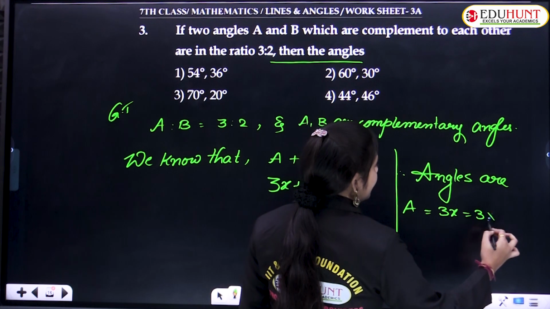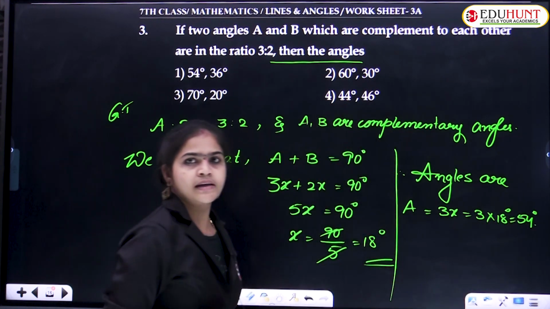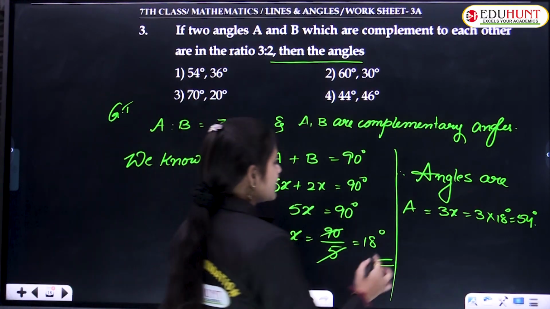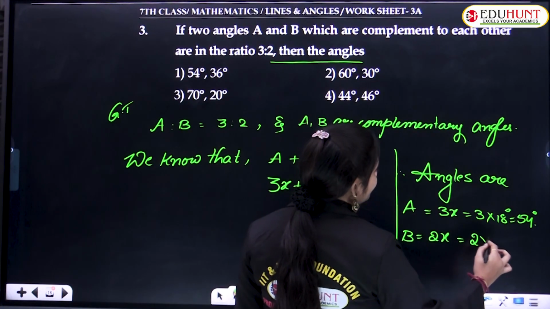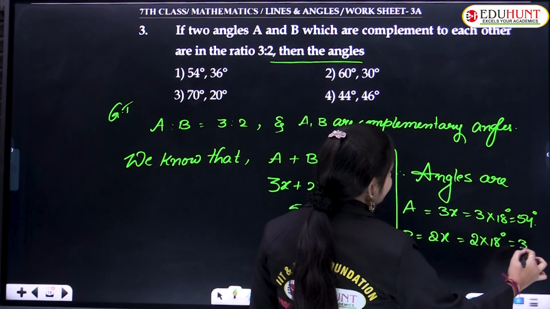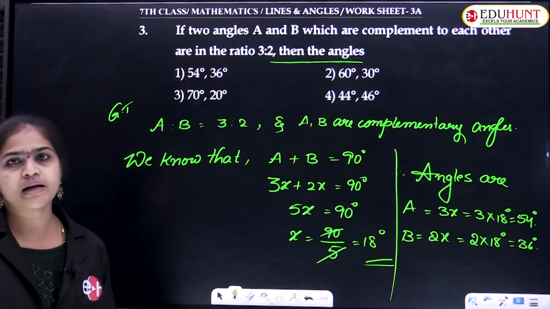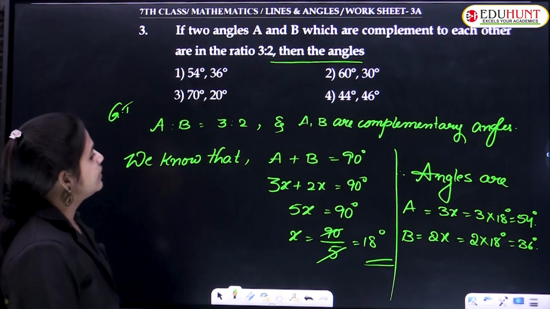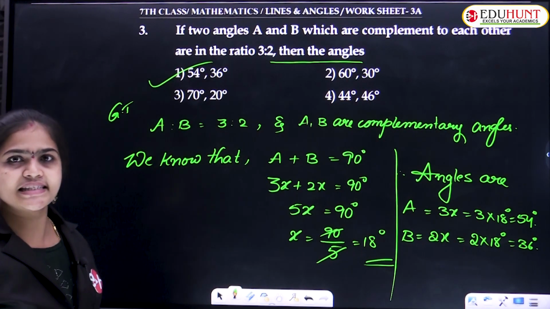So 3 into 18, which is equal to 54 degrees. Next, B is equal to 2x, which is 2 into 18, which is equal to 36 degrees. 54 plus 36 is equal to 90. Okay, ma? Yes. 54 and 36. Which option is correct? Option 1 is satisfying.